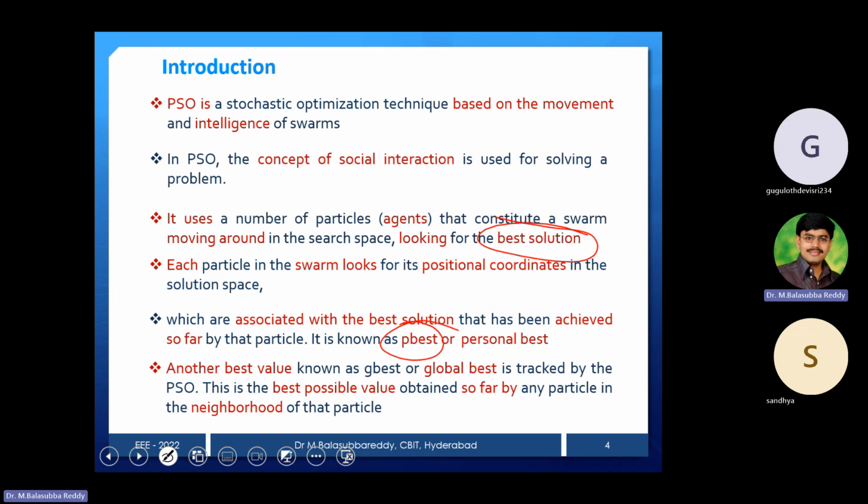As I mentioned, the other best value, known as the g-best or global best, is tracked by the PSO. This is the best possible value obtained by a particle in the neighborhood of the particles. Suppose 10 people are involved in the searching process.